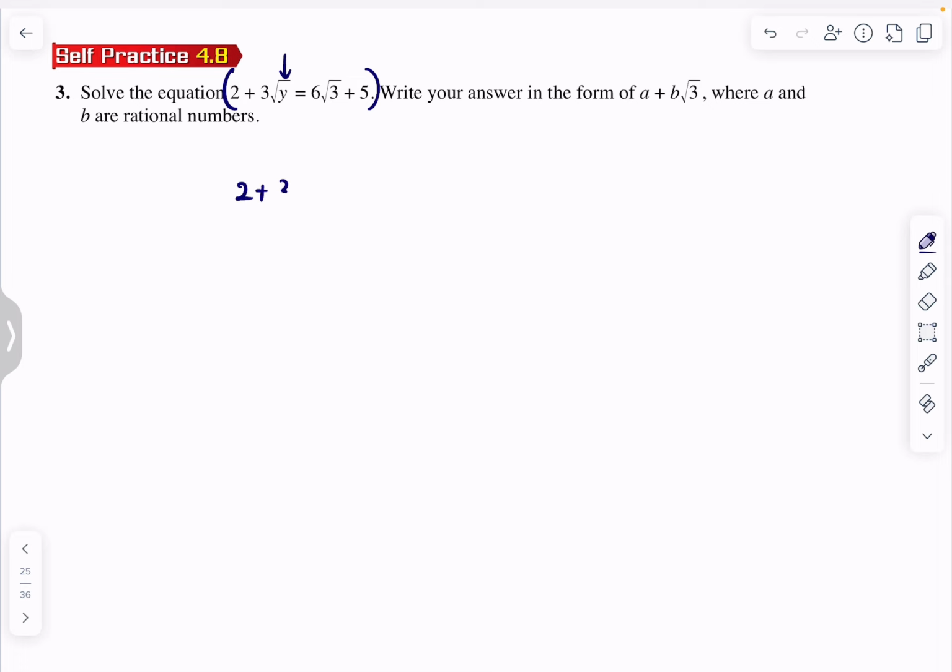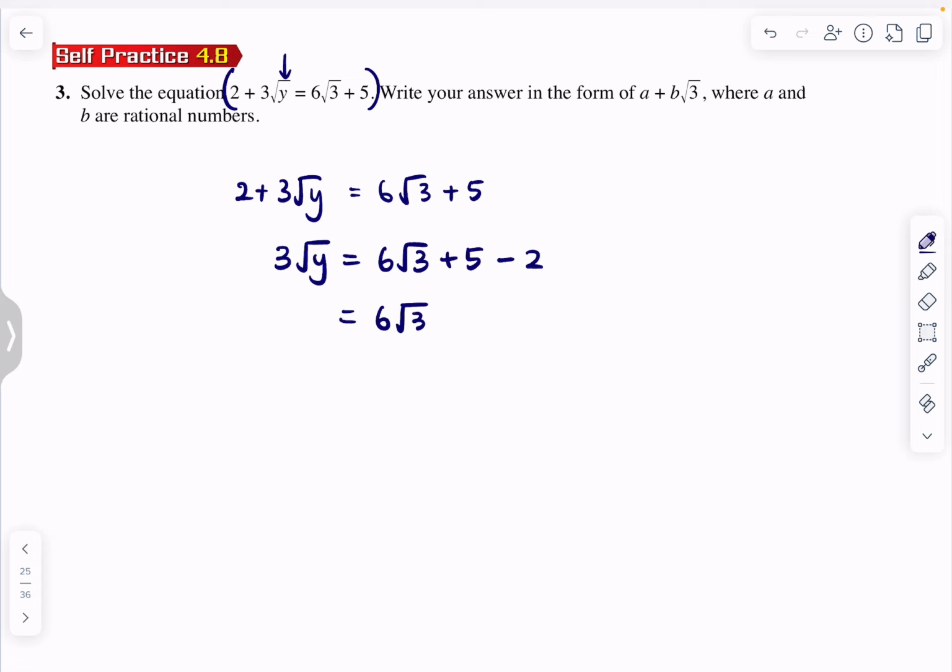So 2 plus 3 surd y is 6 surd 3 plus 5. So if you want to make y the subject, 2 we bring over that side. So we leave surd y here, minus 2. So we'll get 6 surd 3, 5 minus 2 is 3.